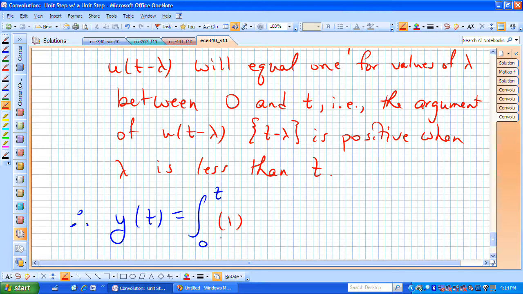Now with this upper limit set equal to t, we know that this second integrand term, u of t minus lambda, is 1. And now we have that integrand, which is just 1, integrated with respect to lambda. If we integrate a constant, we just get lambda, and we evaluate that from 0 to t, and we obtain t for our output.